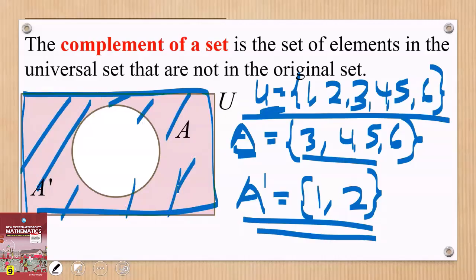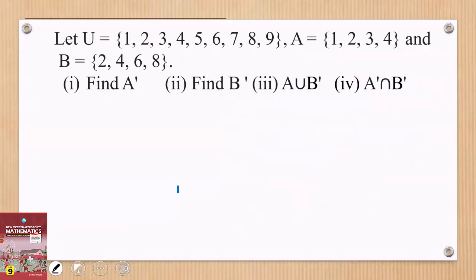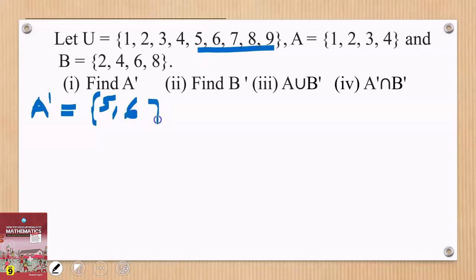Good. Now let's take another example. Let's say we have the universal set to be this, and set A is defined and set B is defined as that. Now the question wants us to find the complement of A. So I can start by saying complement of A will be equal to all the elements that are in the universal set but not in A. So that can be 5, 6, 7, 8, 9, right?